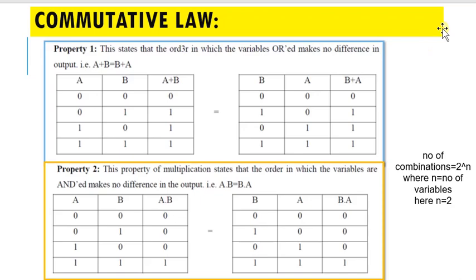This 2 to the power n corresponds to the number of combinations, where n is equal to the number of variables present. So because here two variables are present, 2 to the power 2 will be equal to 4 and hence we have 4 different combinations: 0 0, 0 1, 1 0 and 1 1.